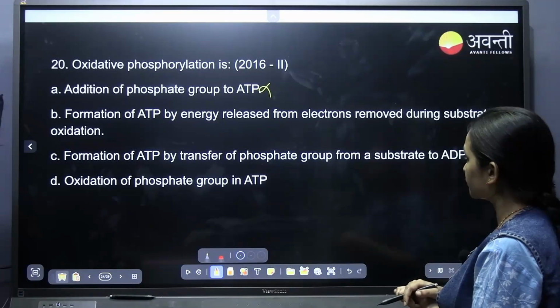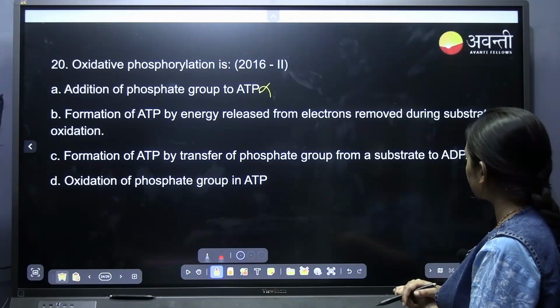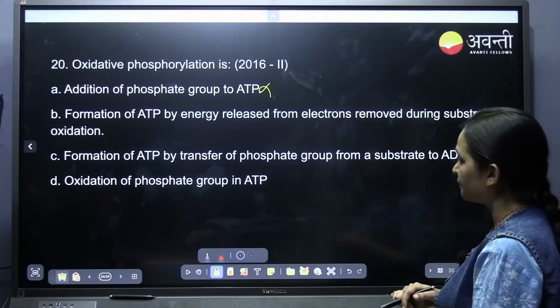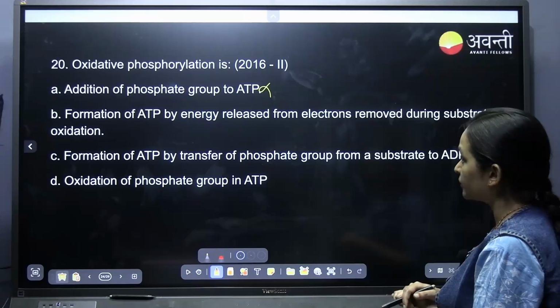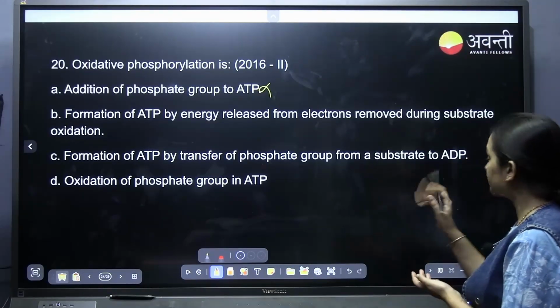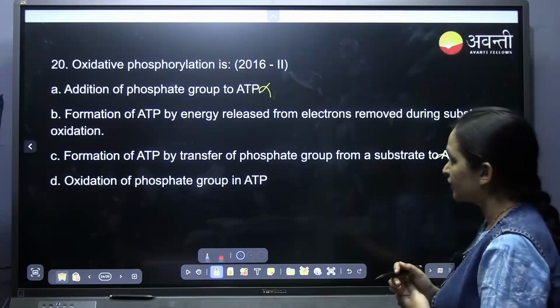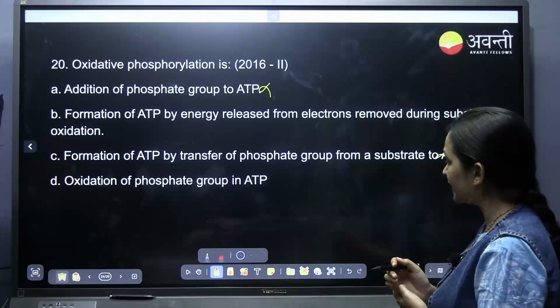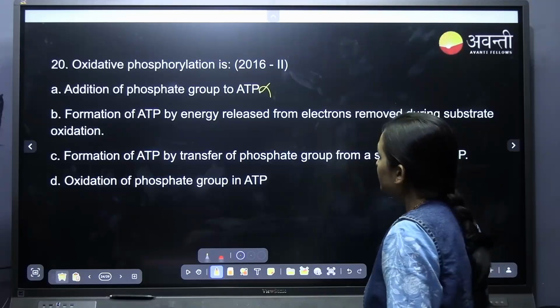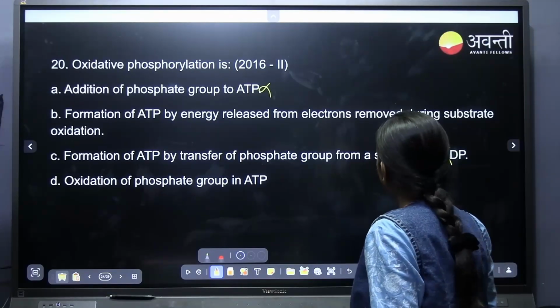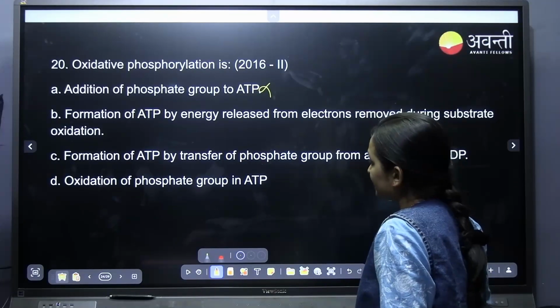No, that is not oxidative phosphorylation. We need to find the oxidative phosphorylation, not this one. Oxidation of phosphate group in ATP, no. It is the formation of ATP by energy released from electrons removed during the substrate oxidation.